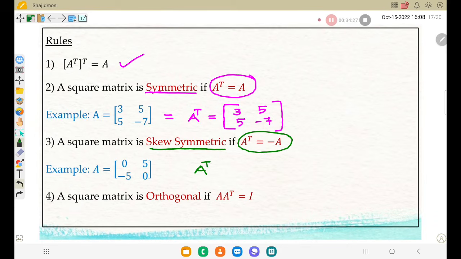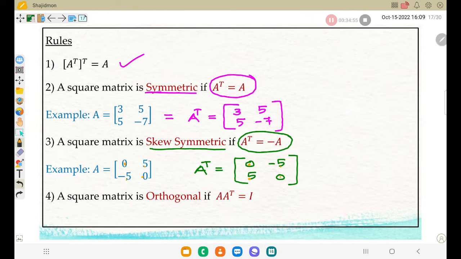When we calculate A transpose, the first row 0 5 is written as the first column, and the second row minus 5 0 is written as the second column. Now compare these two matrices. Both matrices are not the same, correct? First number 0, here also 0, but here 5, here minus 5. Here minus 5, here plus 5. Here 0, 0. So what happened? Just opposite sign.